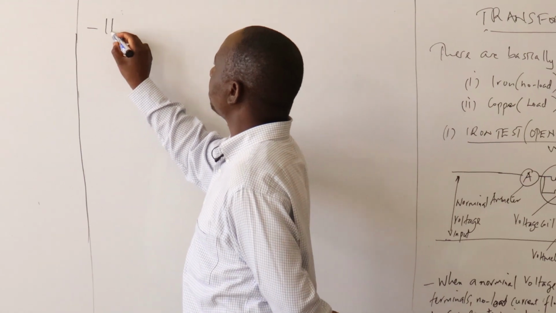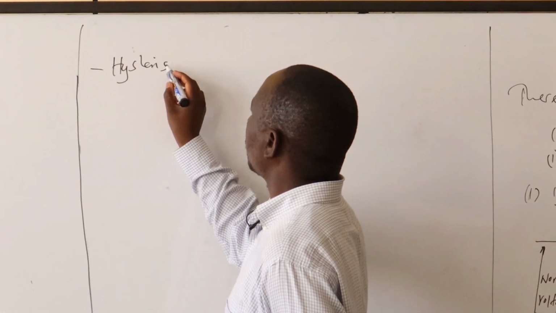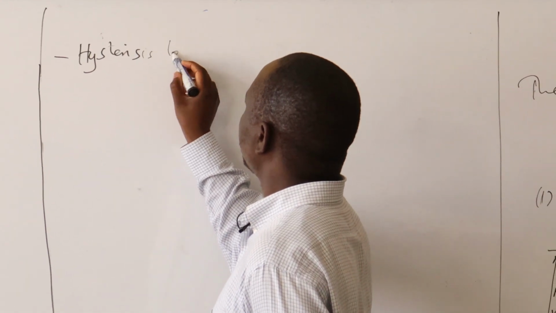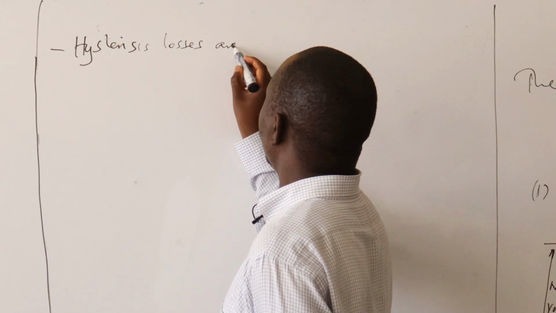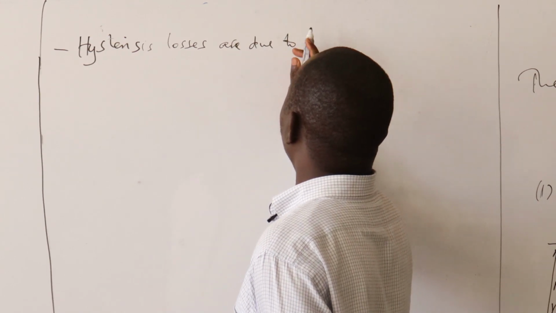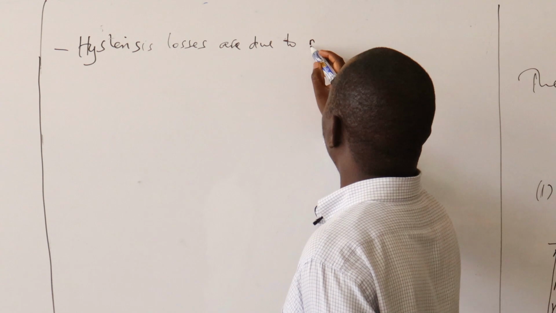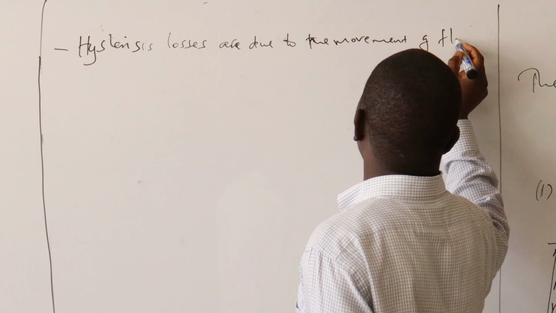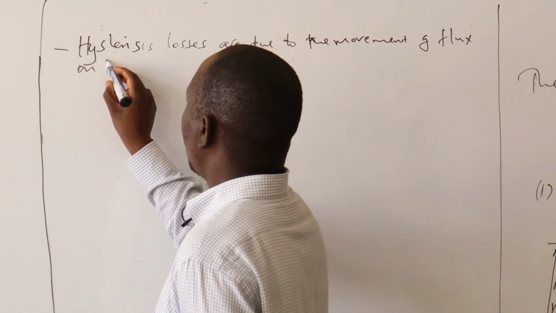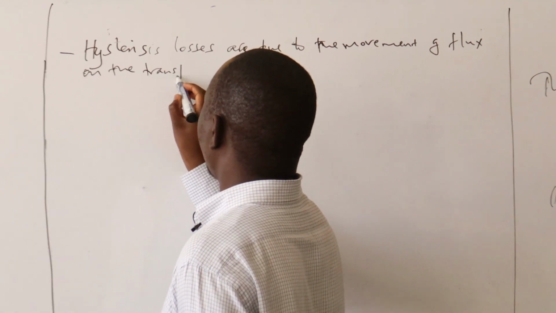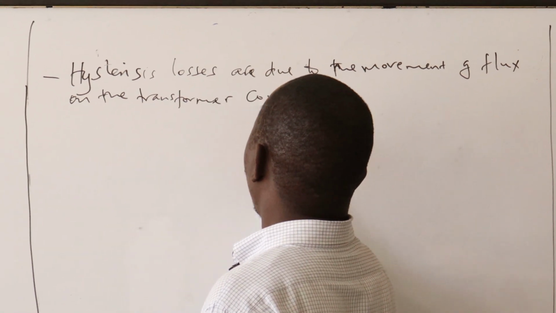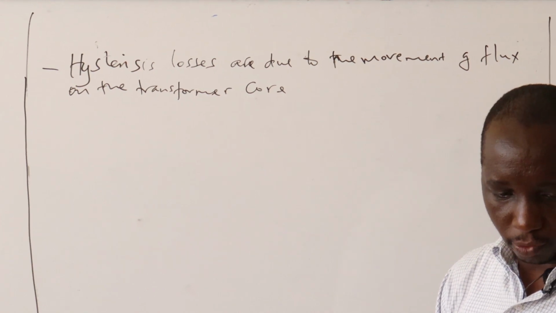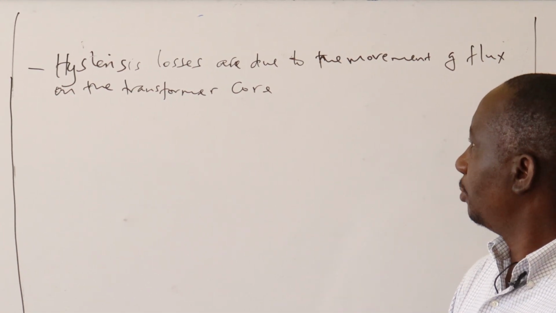Hysteresis losses are due to the movement of flux on the transformer core.